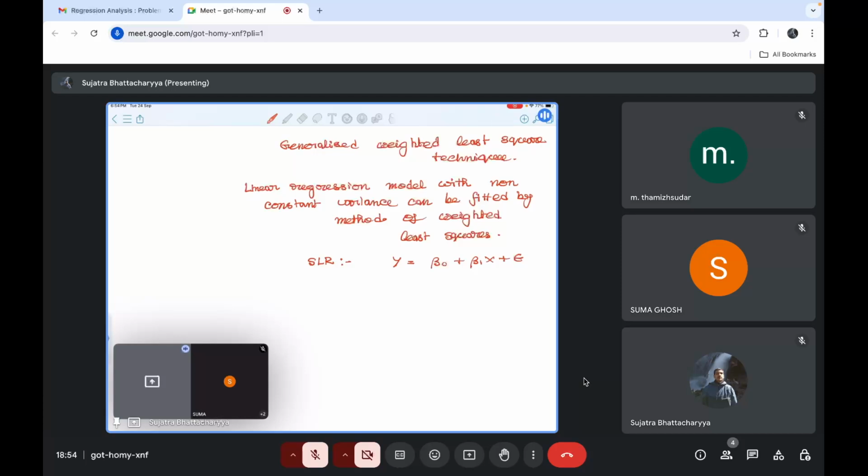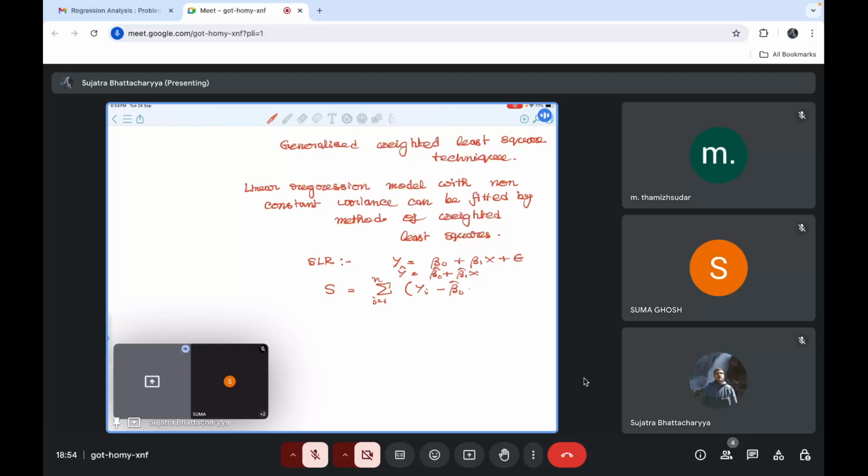This is the general simple linear regression model. And S, the SS, the sum of the square of the residual, is nothing but the sum over i going from 1 to n of (yi minus beta naught hat minus beta 1 hat xi) whole square, because your y hat is actually beta naught hat plus beta 1 hat xi.